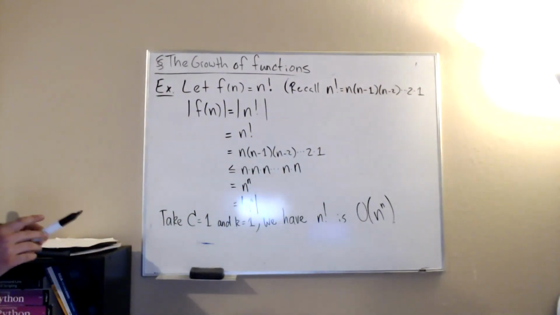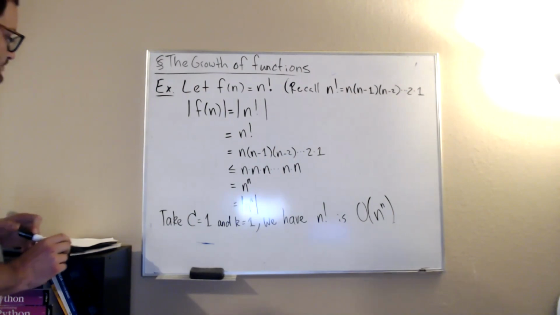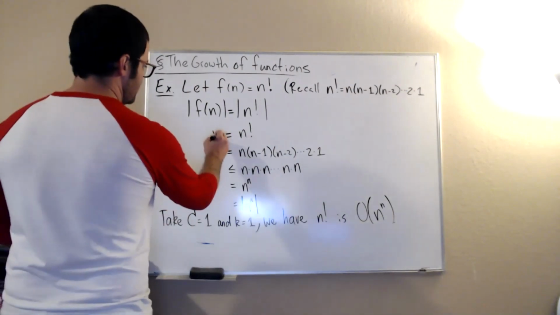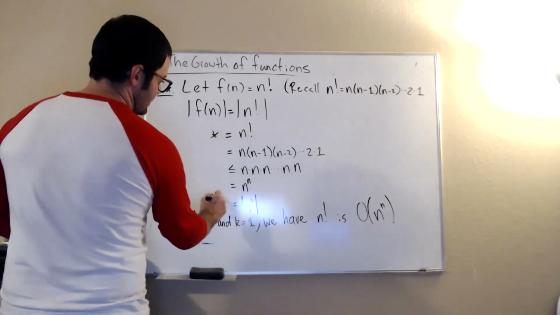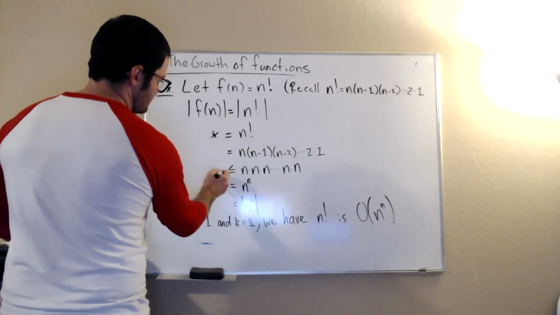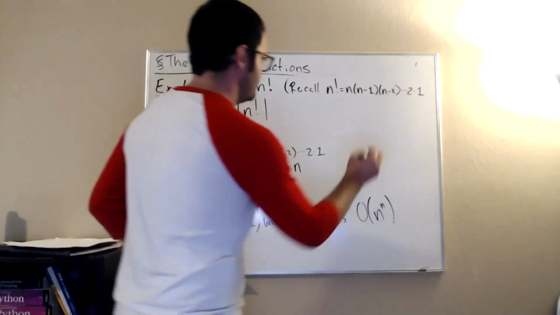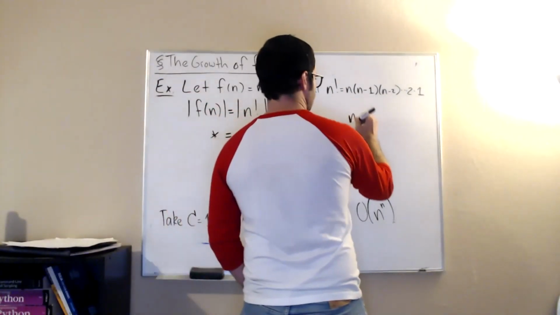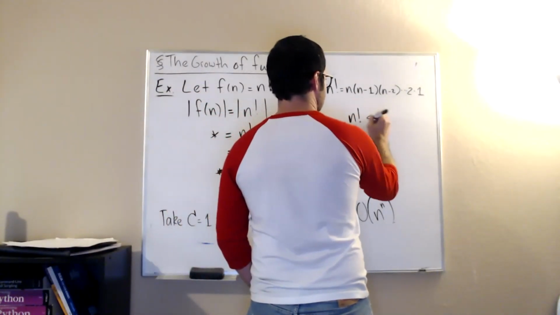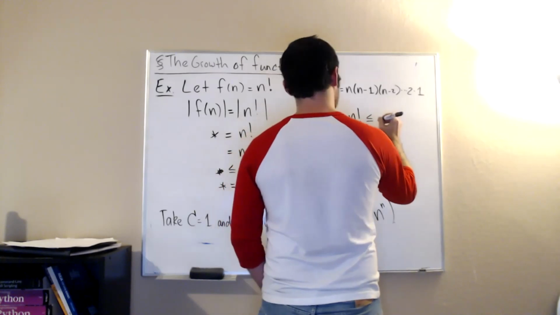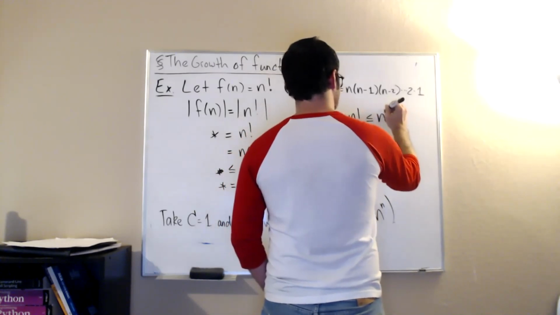Okay? But notice here that if you pick up this piece, there's an inequality right there, and then there's n to the power n. What we've just shown is that n factorial is less than or equal to n to the power of n.